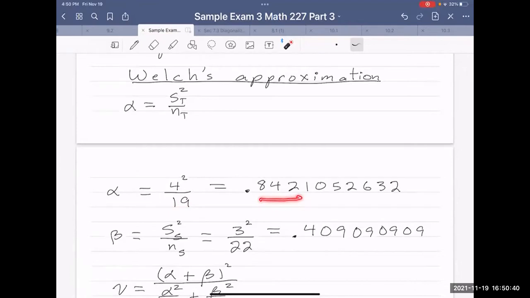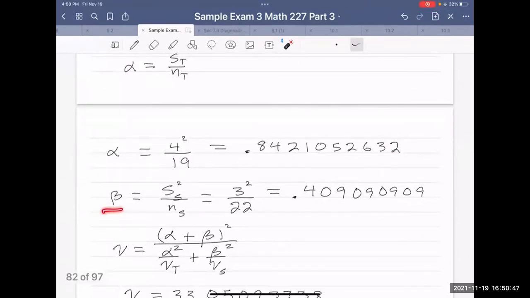So 0.8421052632. Beta is the variance for the sham, 3 squared over the sample size for the sham, 22.